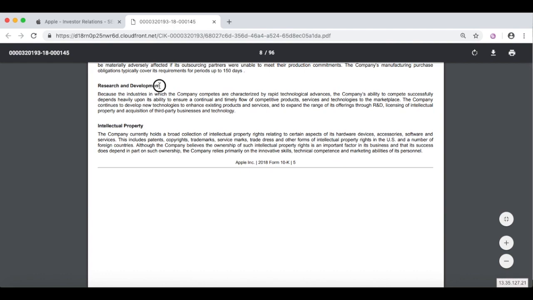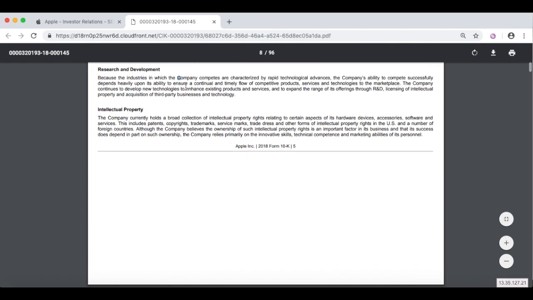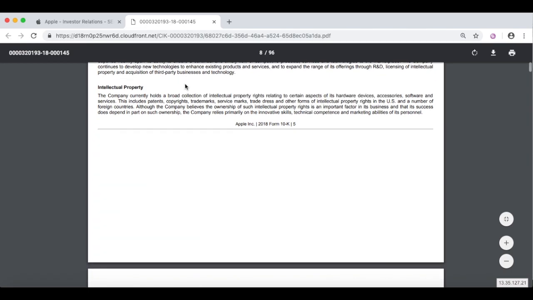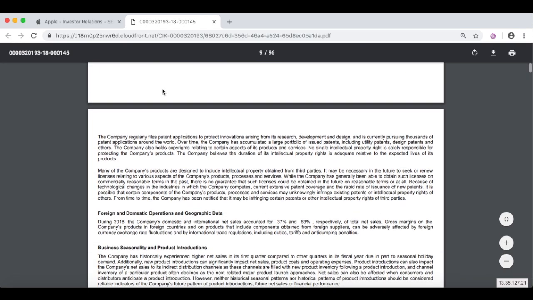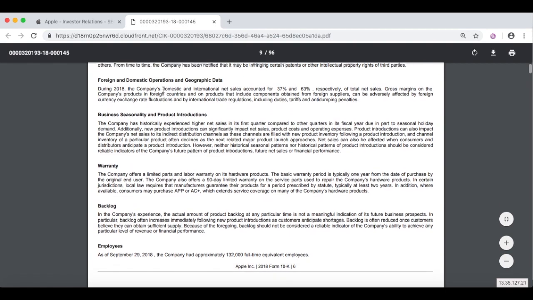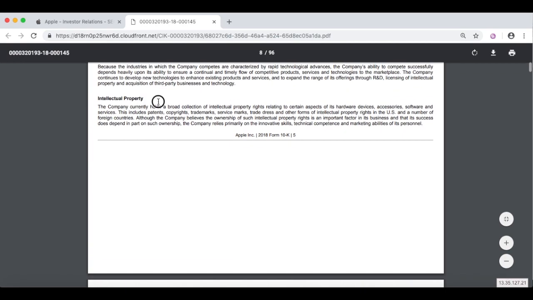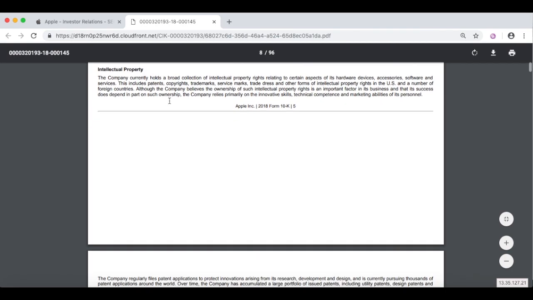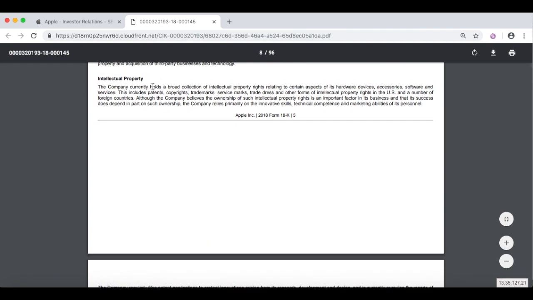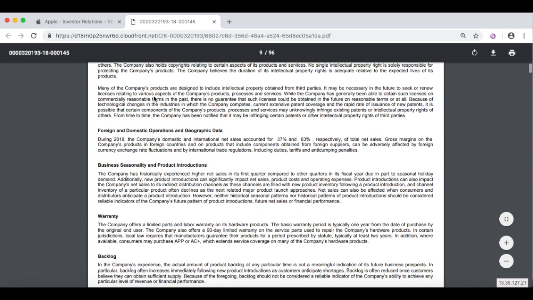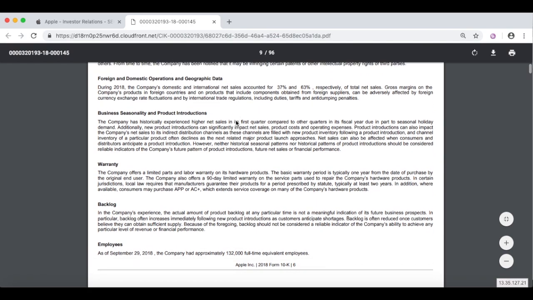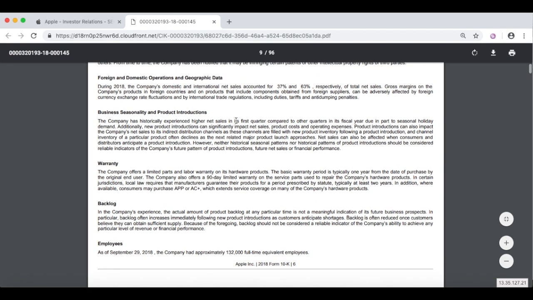Research and development, we'll see later, this is a huge expense in terms of money that Apple outlays. Intellectual property, something very important to the company, obviously. Maybe not quite as important as brand at this point. Think about how many phones are comparable, maybe even better than Apple products on the computer side and the iPad side, but the brand is so strong that intellectual property is maybe not quite as important as it once was, or for other companies or industries.